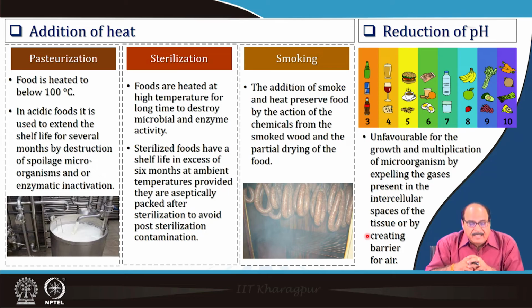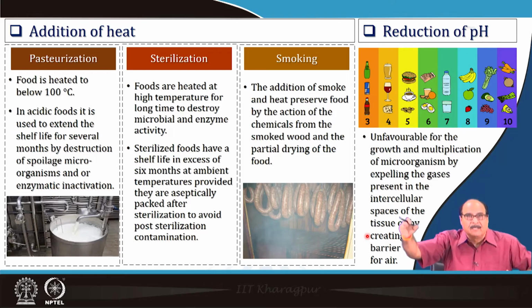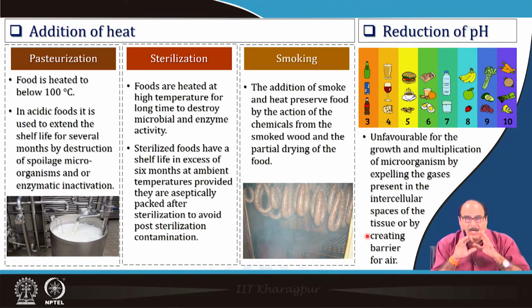In sterilization, the food is heated to high temperature for a long time to destroy microbial and enzymatic activity. That is, sterilized food has a long shelf life and all commercially viable forms of microorganisms are stopped. That is, we achieve commercial sterility.